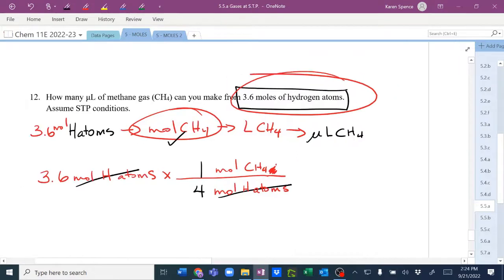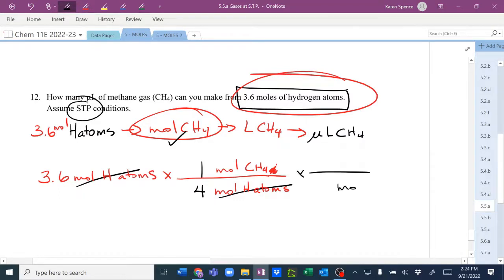Now we need to convert to liters. Fortunately, we are at STP, so life is good. So we're going to cancel our moles and find liters. Where does the 22.4 go, on the top or the bottom? Top, with the liters, 22.4 liters per 1 mole. And then we're going to go with the microliters.